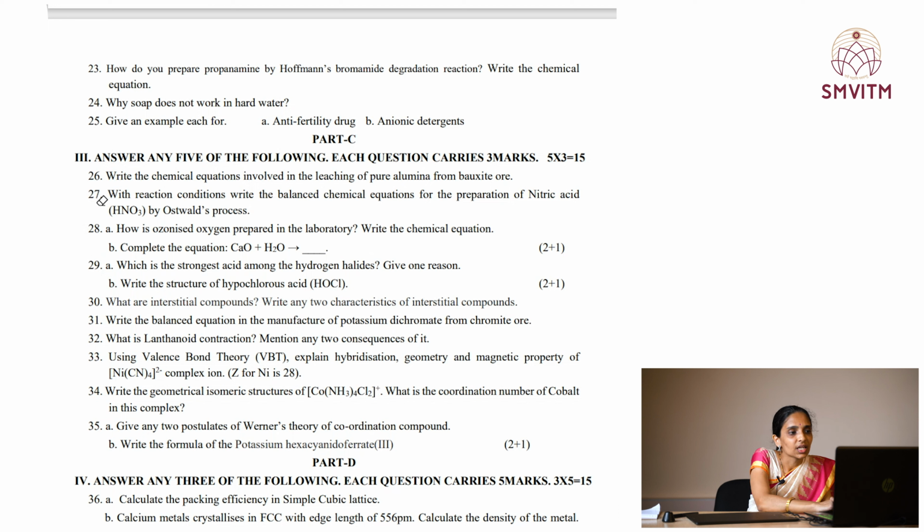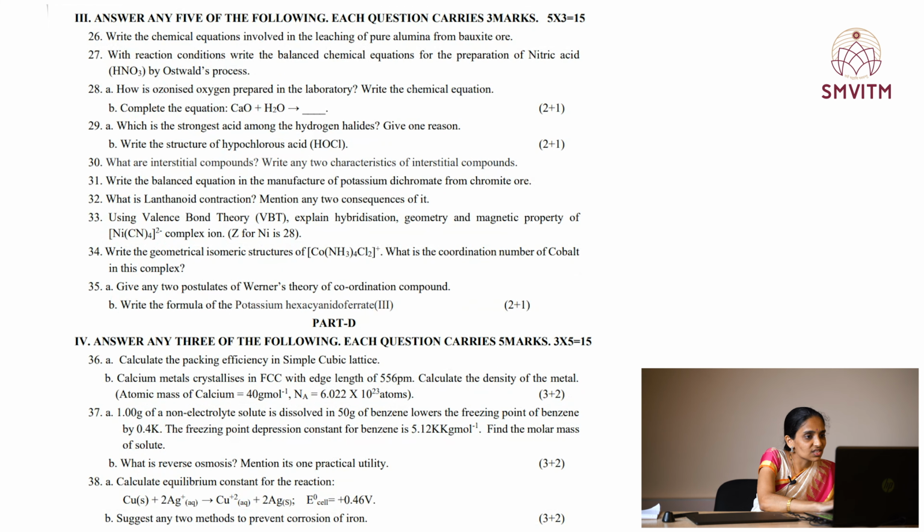The next question, that is 30th question, is a D and F block element chapter question. 31st question also comes from D and F block. 30th and 31st questions are actually from D block elements, and 32nd question is from F block elements.